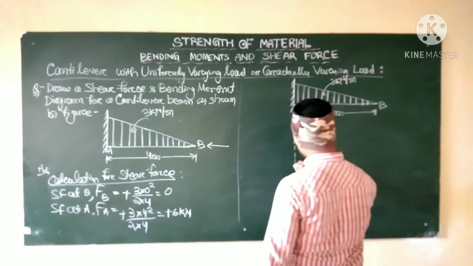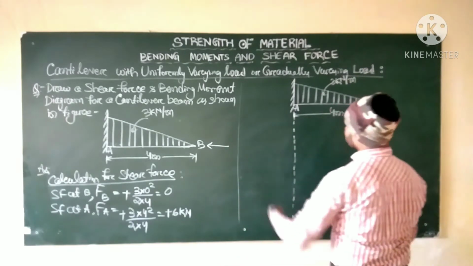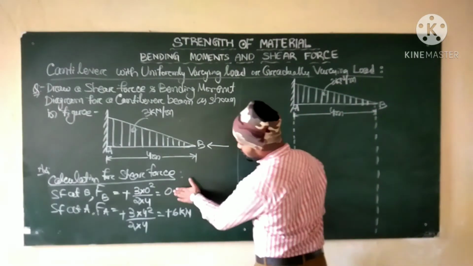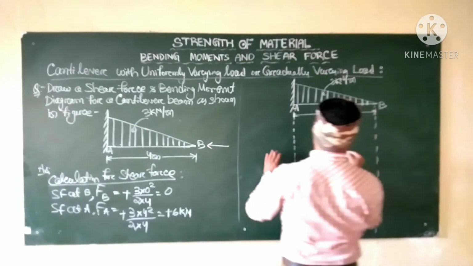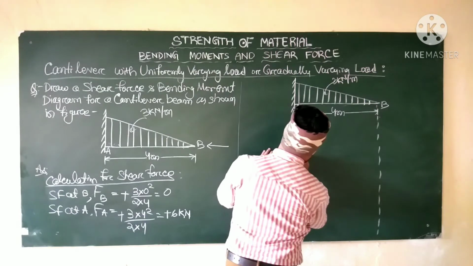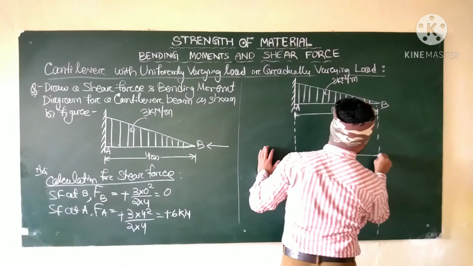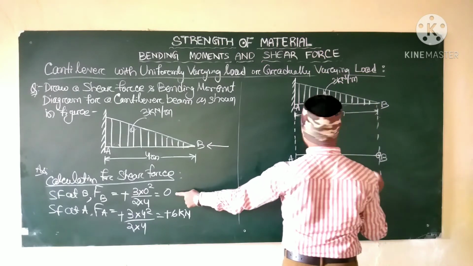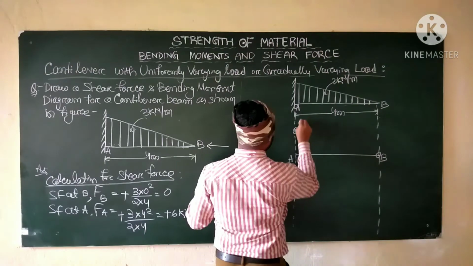Draw the dotted line below point A and point B. Now, the first value is 0 and the other is positive. 0 and positive means above the baseline. So here is the baseline, A, here B. At point B, the value of shear force is 0. At point A, the shear force value is plus 6. Let the plus 6 point be here.